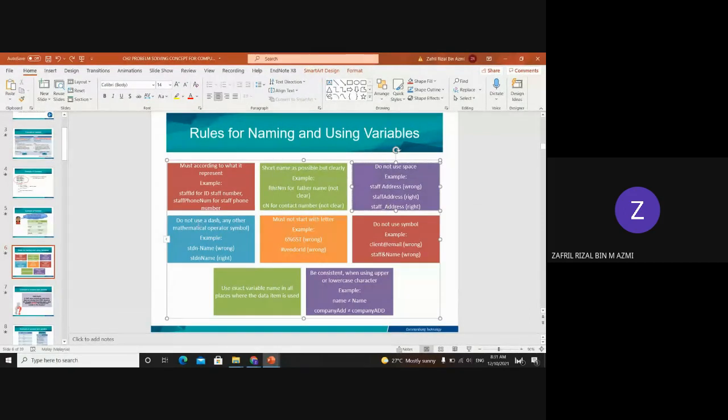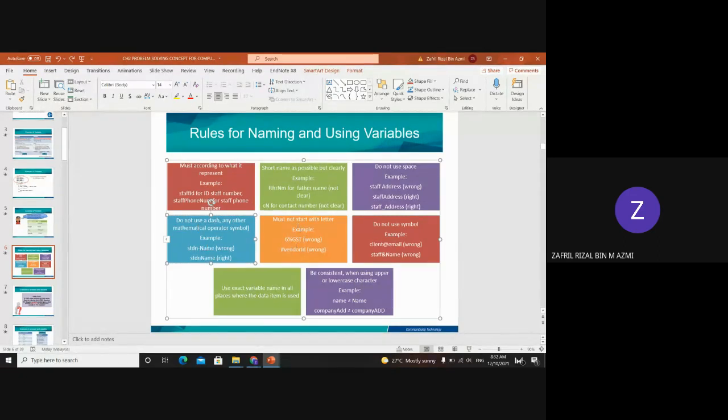Do not use a dash or any other mathematical operator. After this, we are going to look at all the mathematical operators available in a programming language, so you cannot use any one of them in your variable name.